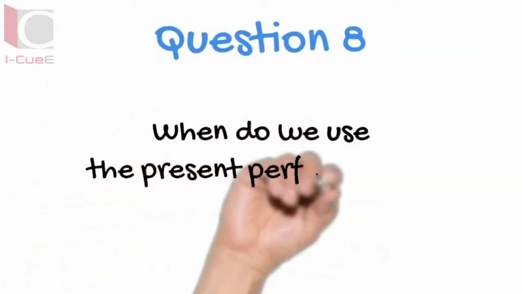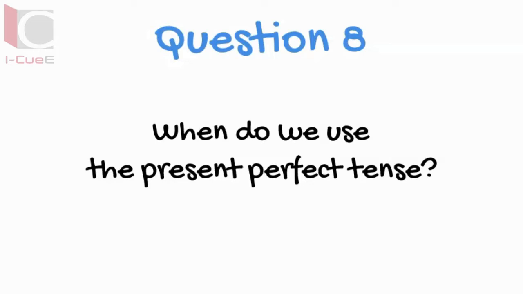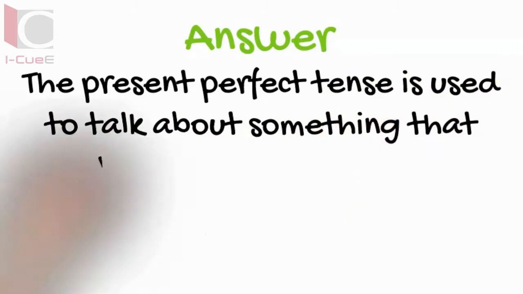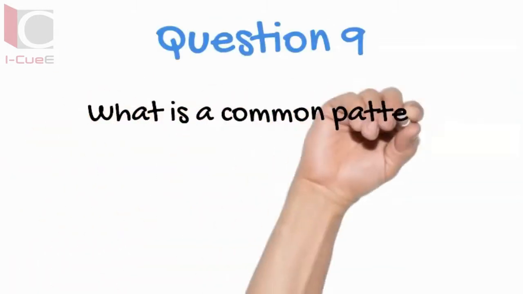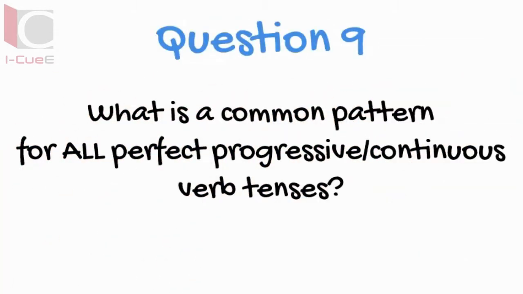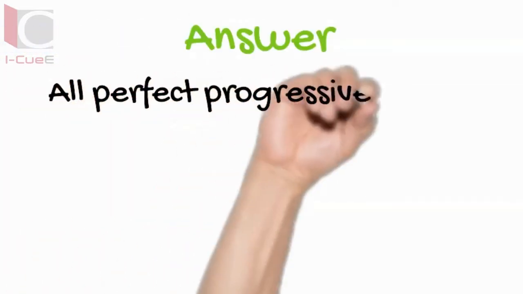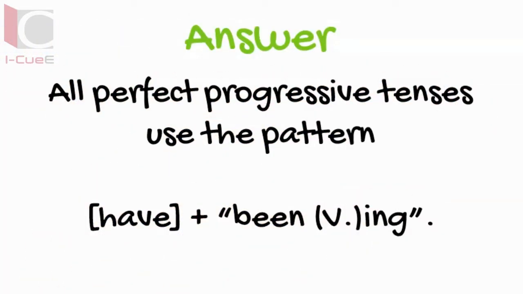When do we use the present perfect tense? The present perfect tense is used to talk about something that has been done before, but the exact time it happened is not important. What is a common pattern for all perfect progressive continuous verb tenses? All perfect progressive tenses use the pattern have plus been verbing.